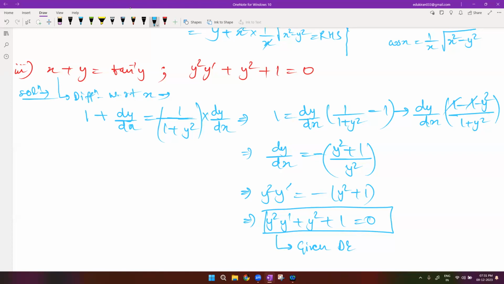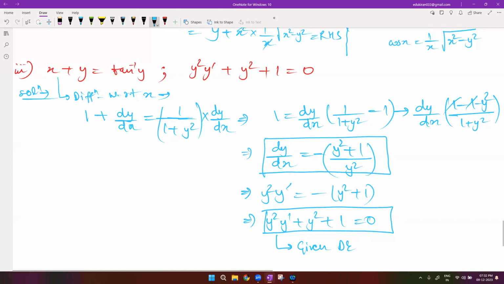But instead of that, I tried to use another simple approach, which is basically you just calculate y dash, y double dash, whatever is asked, and you put that. Otherwise, you would have to find y dash here, and to solve this, you just put y dash in this equation, you will get the required result.